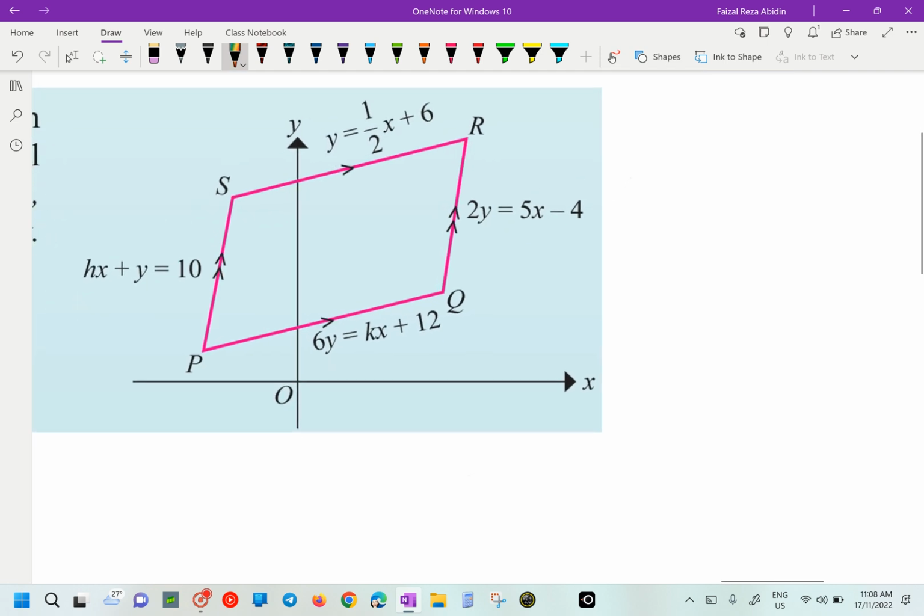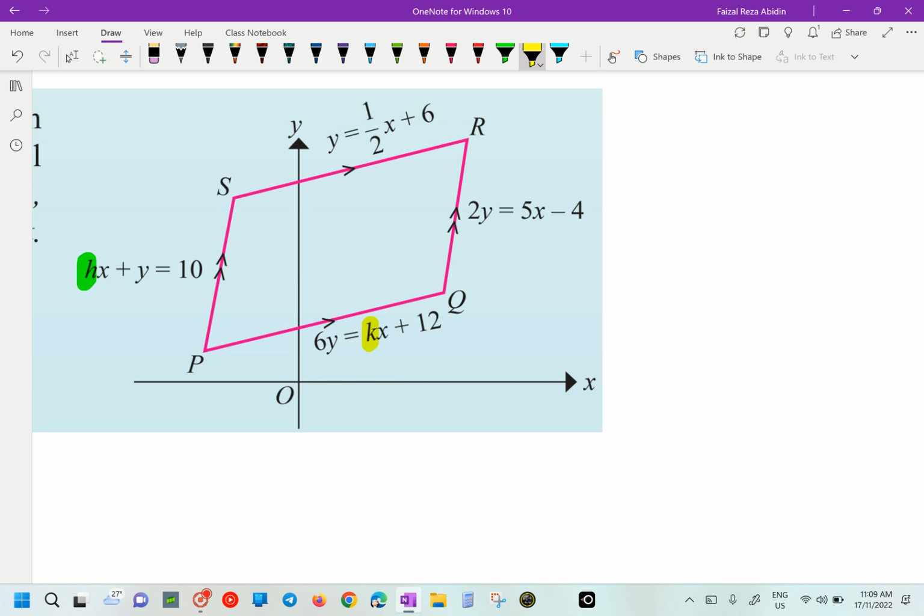Where's H? And K, down here. So we have over here what? You are going to find what first? You have actually to find the gradient. We got 4 equations there. So which one are you going to pair?